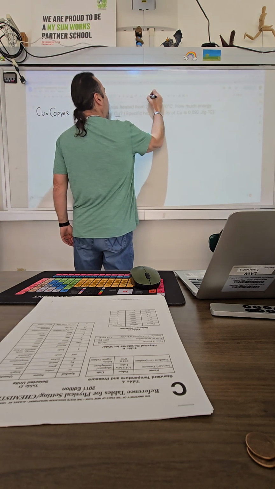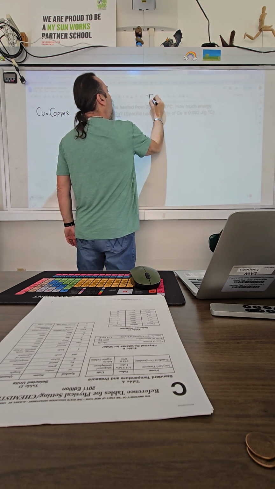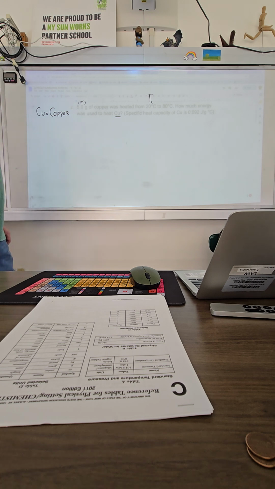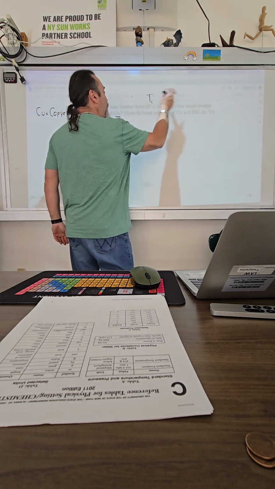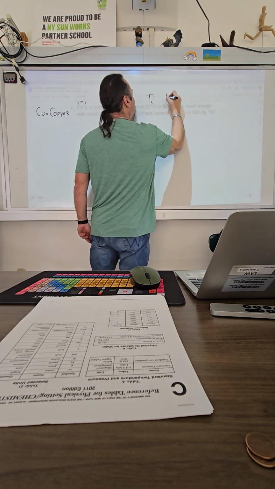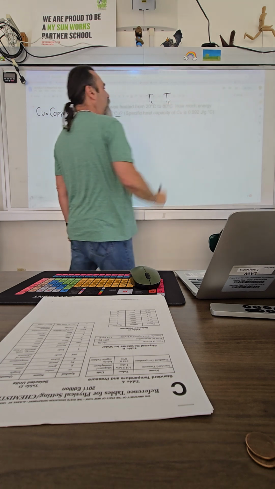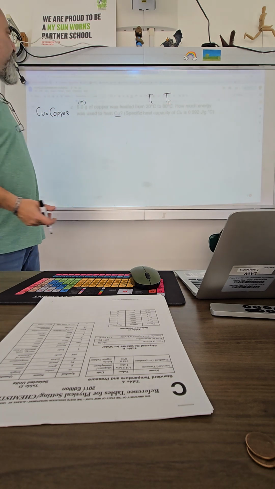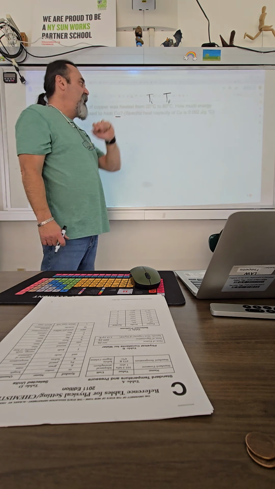We designate that as capital T with a subscript i, your initial temperature. Your 80 degrees, where we're going towards, is your final temperature, designated as a capital T with a subscript f, like final. Our T initial is 20 degrees, our T final is 80 degrees.